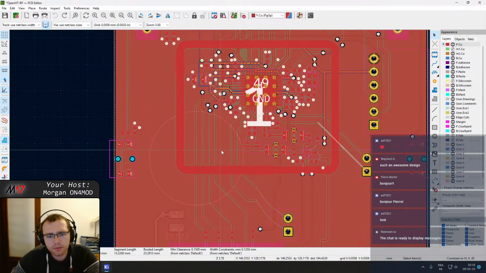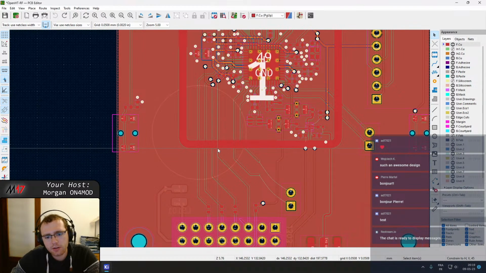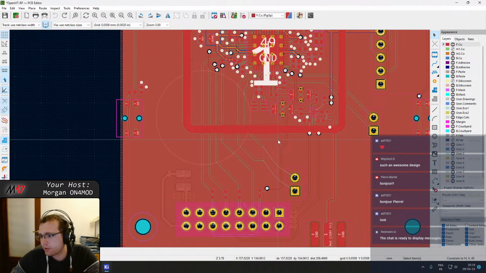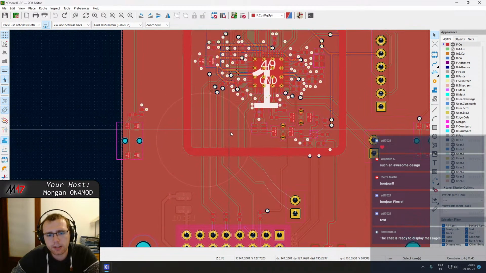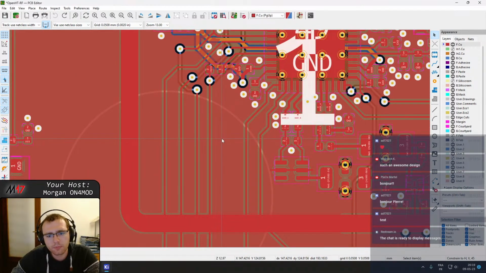I really wanted to avoid having tracks going on the bottom layer under the speaker, because I fear that the speaker might induce some noise in it, and that would be no good.